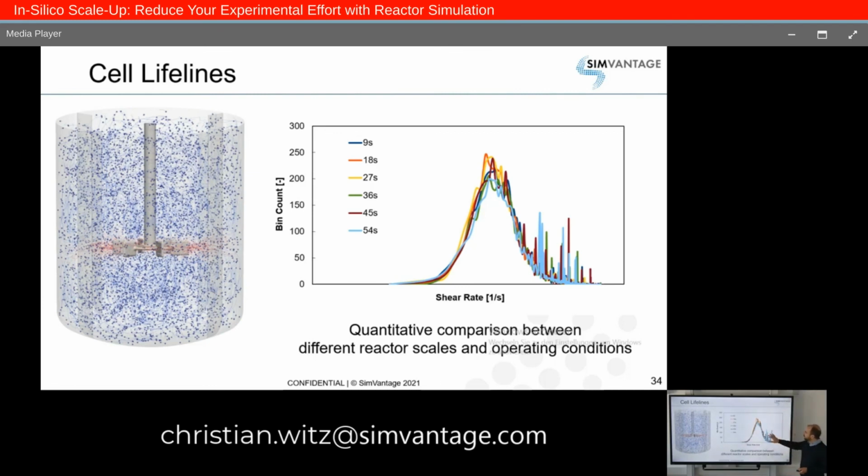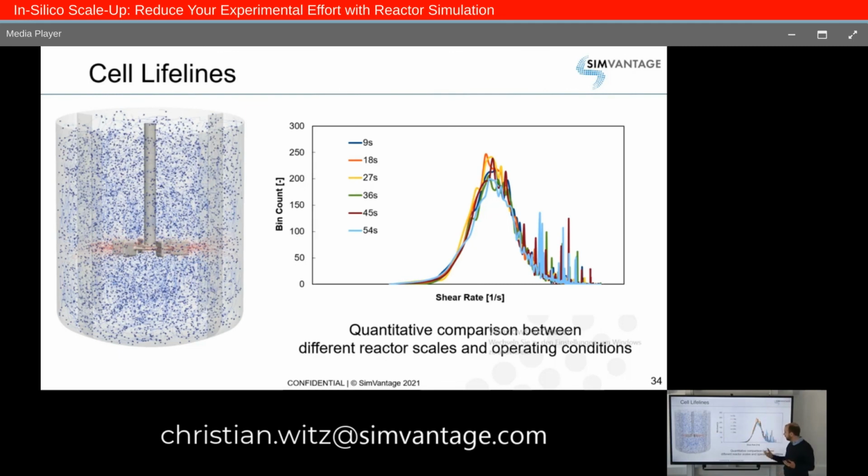Now it's not that interesting to do this for the same reactor for different times, but it's very interesting to do that, for example, for different reactors of different sizes, or if we have a process transfer, to do it for the base reactor and the target reactor, because then we can compare the shear rates of two reactors on the basis of what microorganisms or cells feel when they float through the reactor.